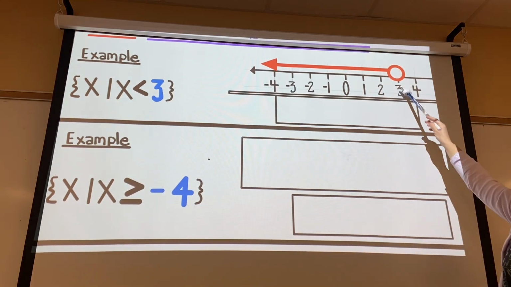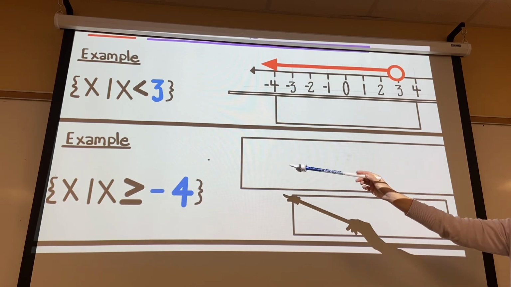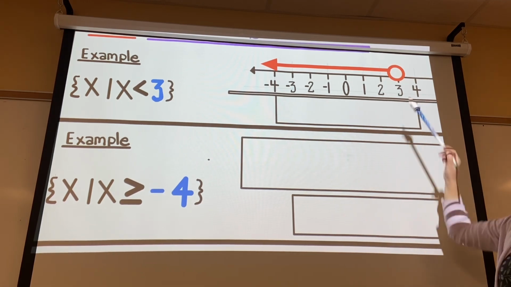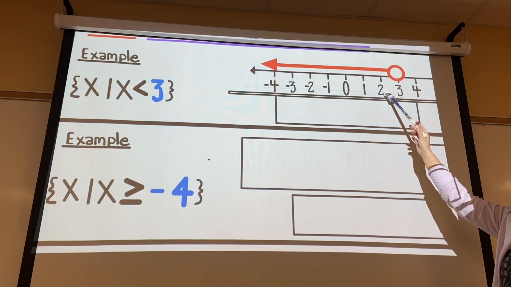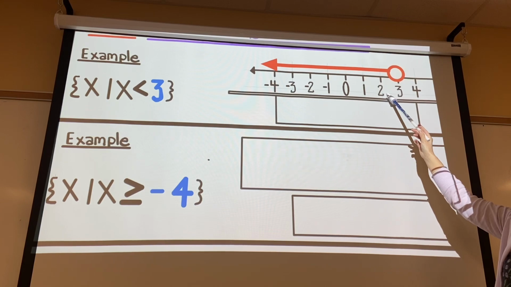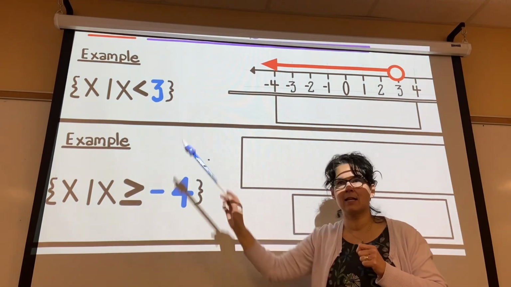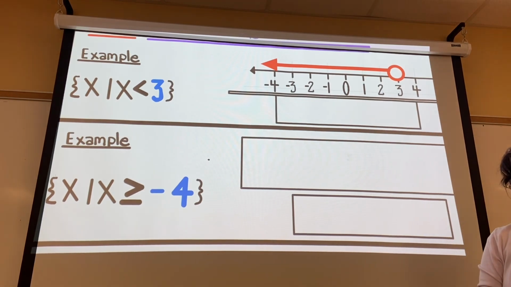If I put 3 in, it does not make it true because 3 is not less than 3. That's why we're putting an open dot, because we're leaving it out. But 2.999999999, as many nines as you want, is part of the solution because that would be less than 3. So every number on that red is part of our answer.